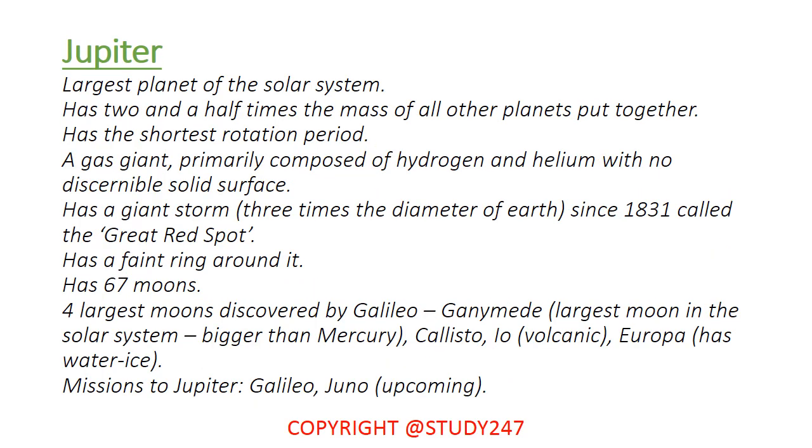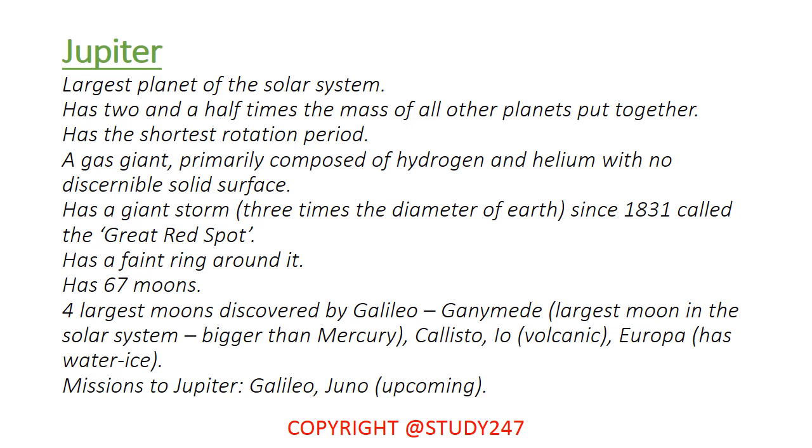Now Jupiter. As I have already told you, it is the largest planet of the solar system, with 2.5 times the mass of all other planets put together. Just imagine. It has the shortest rotation period, and a giant atmosphere composed of hydrogen and helium with no discernible solid surface.